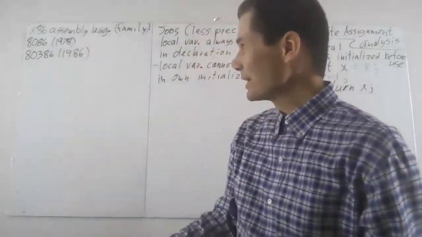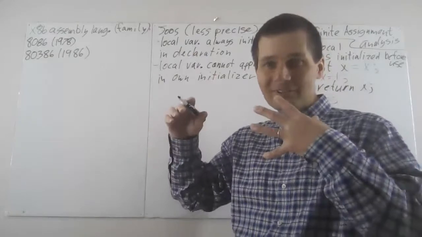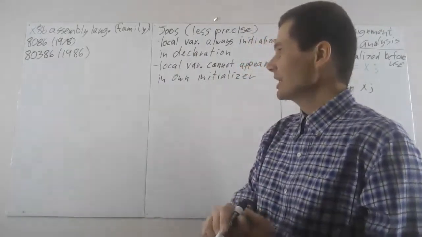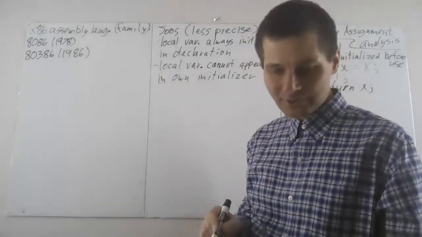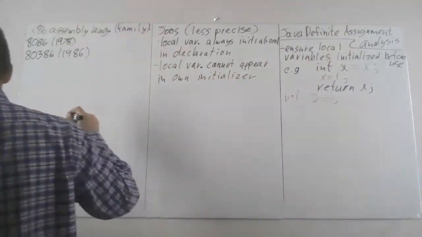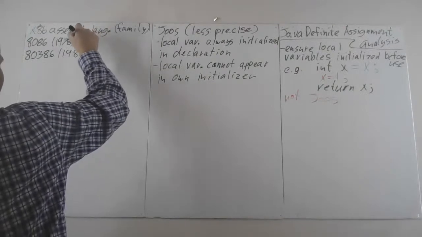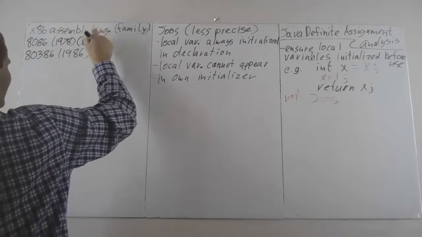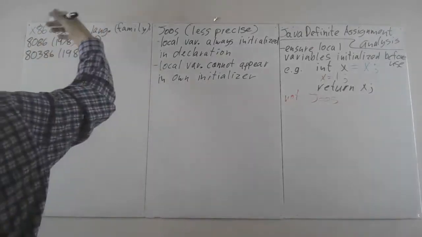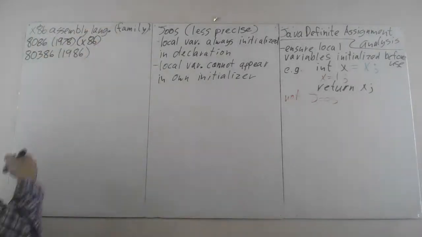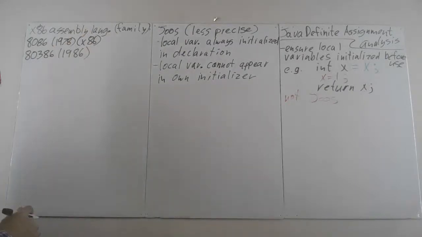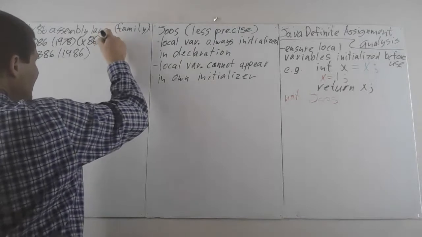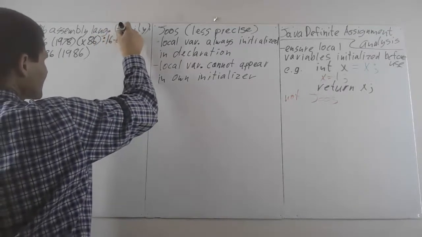There were other ones in between, but the important thing is that the 386 really changed the assembly language significantly. The original 8086 assembly language is sometimes just called x86, and this was a language with 16-bit registers.